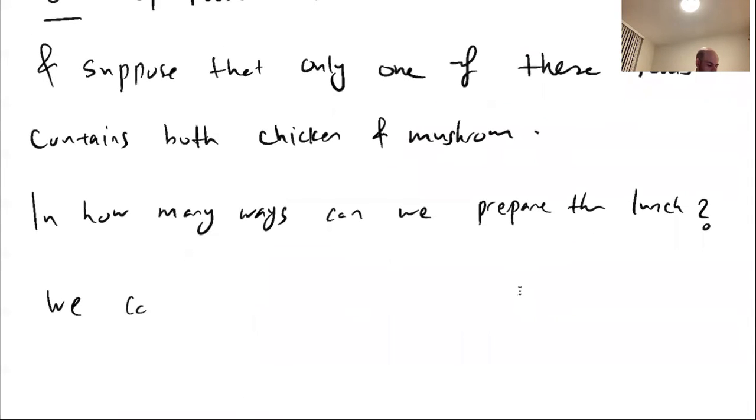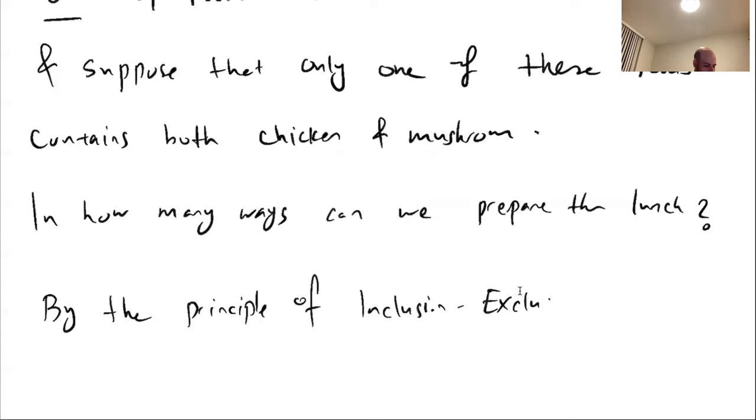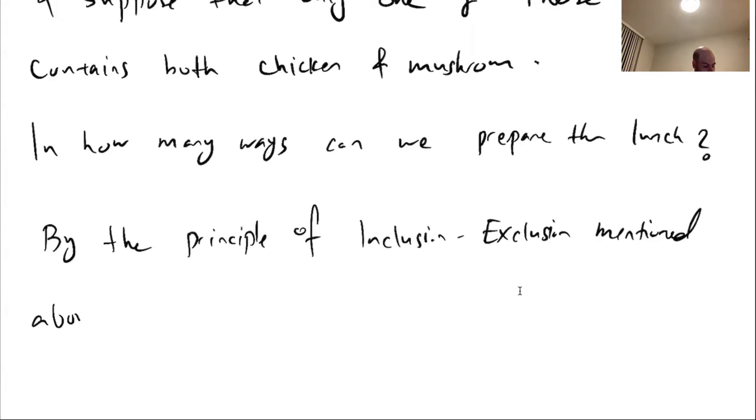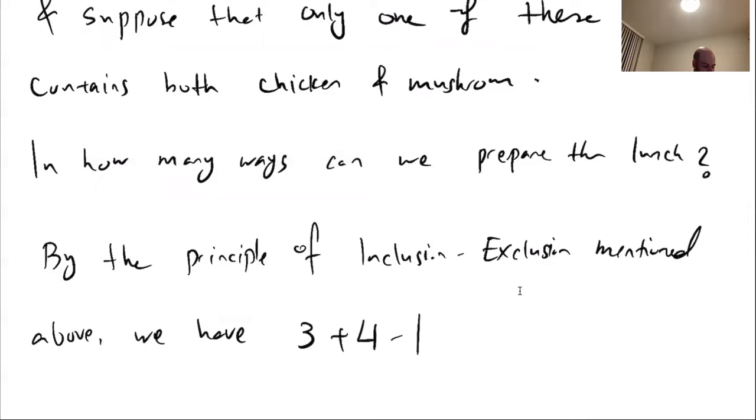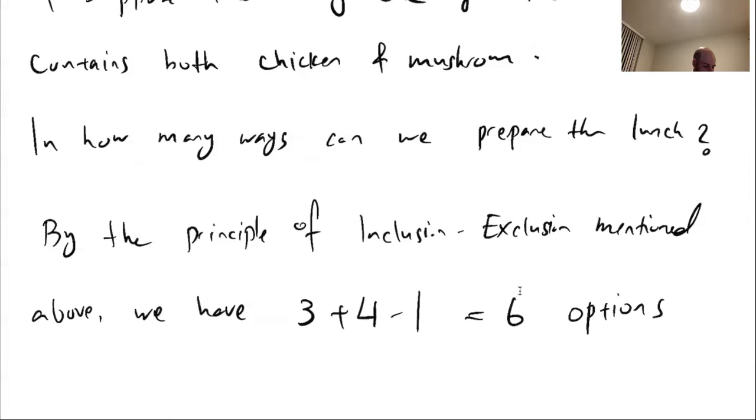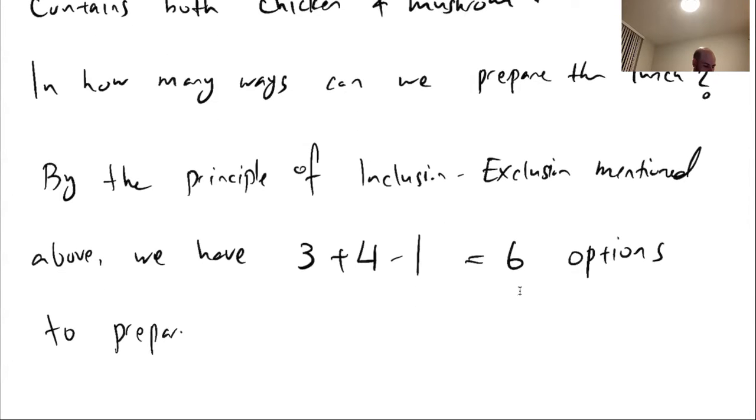By the principle of inclusion-exclusion mentioned above, we have 3 plus 4 minus 1 equals 6 options to prepare the lunch.